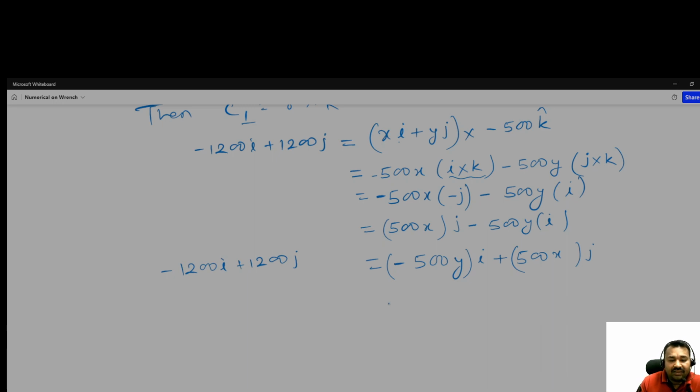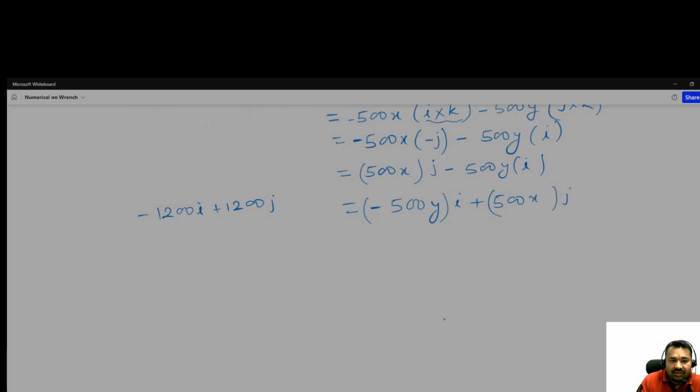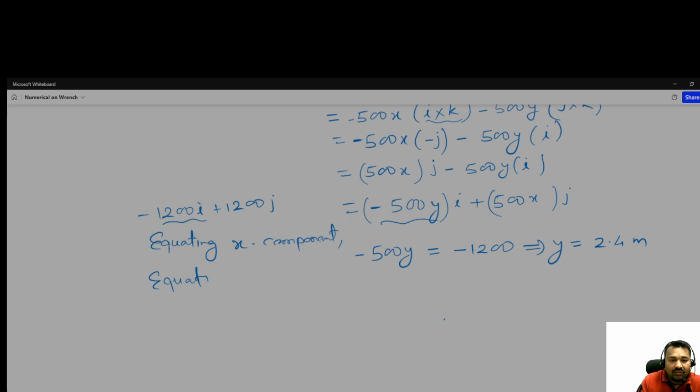So now let's compare, equating X component. Okay, we get minus 500 Y is equal to minus 1200, means this equal to this. So what we get? We get Y is equal to 2.4 meter. Similarly, equating Y component, then what we get?